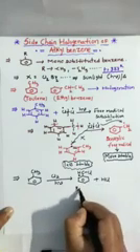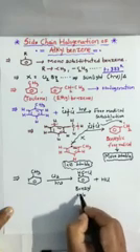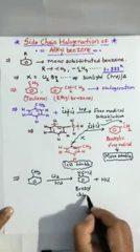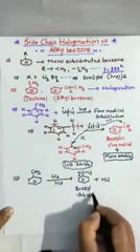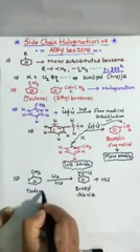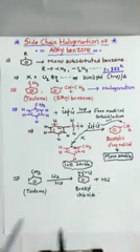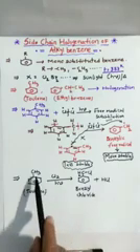This is benzyl chloride. So toluene is converted to benzyl chloride by side chain halogenation. Why side chain only?